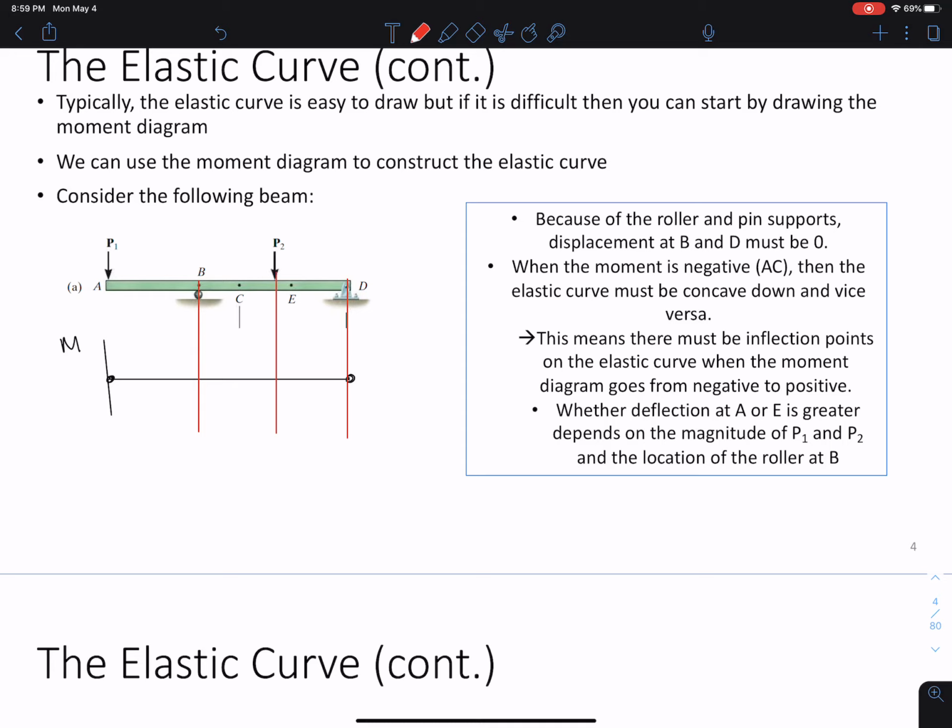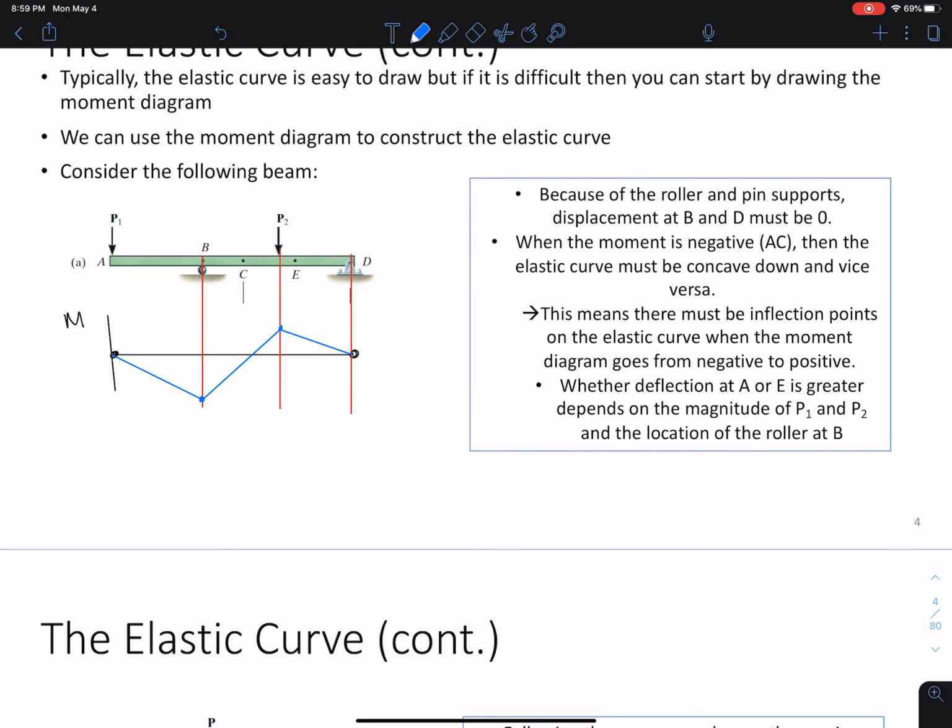And what happens here is we have some value of moment that shifts to this point. We have some value of moment that would shift to this point. And we would have to have this come back and close at 0. And this is our moment diagram.